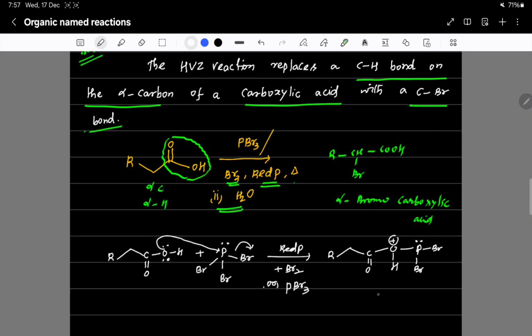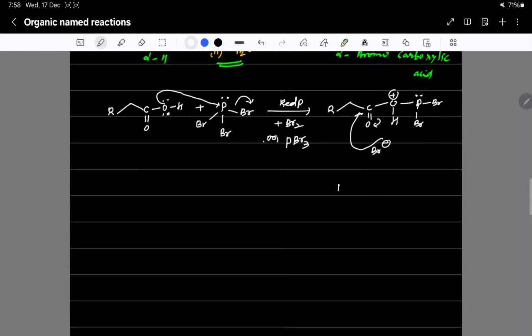Now this Br minus is present in the reaction, student. This Br minus will attack the carbonyl carbon. Then we will get O minus and Br, and this will be OH plus PBr and Br, right?